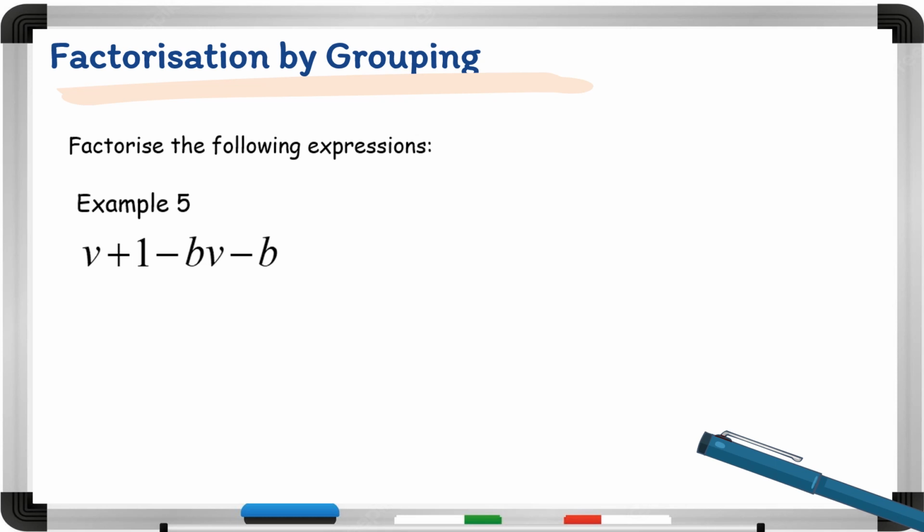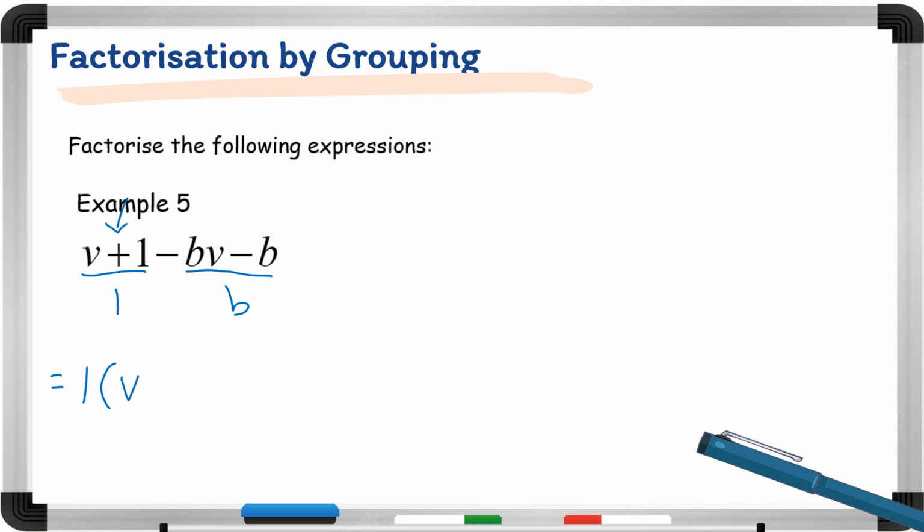Let's look at this next example here. We will pair them up like this as per normal. So v plus 1, there seems to be no common factors except for 1. bv minus b, that's a highest common factor of b. So we will take out the common factor of 1 here first, and v divided by 1 is simply v.